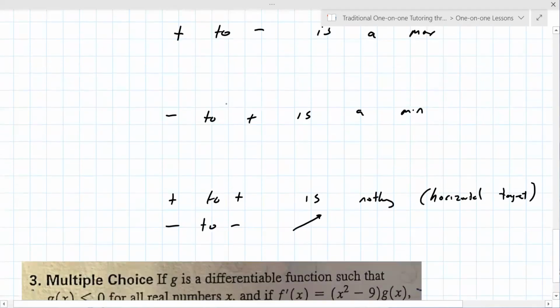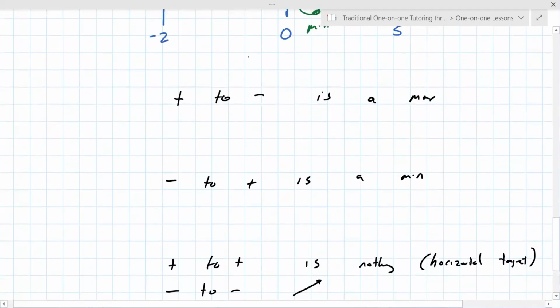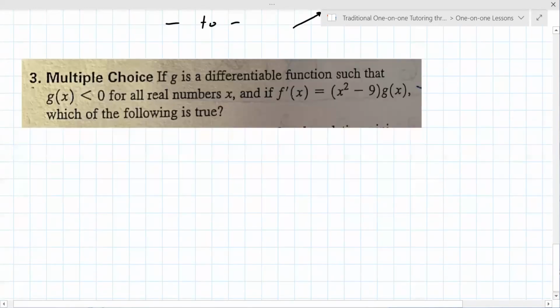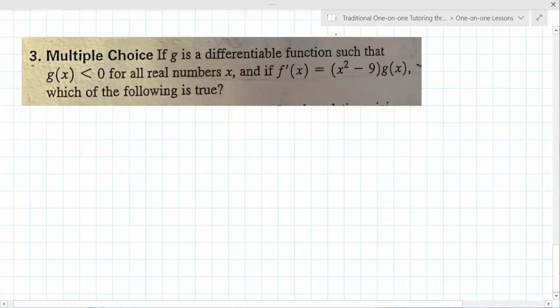The stuff I wrote here is your summary note card stuff, if you need it. Okay. So if g is a differentiable function such that g prime of x is less than 0 for all real numbers, what that means is it's always negative.